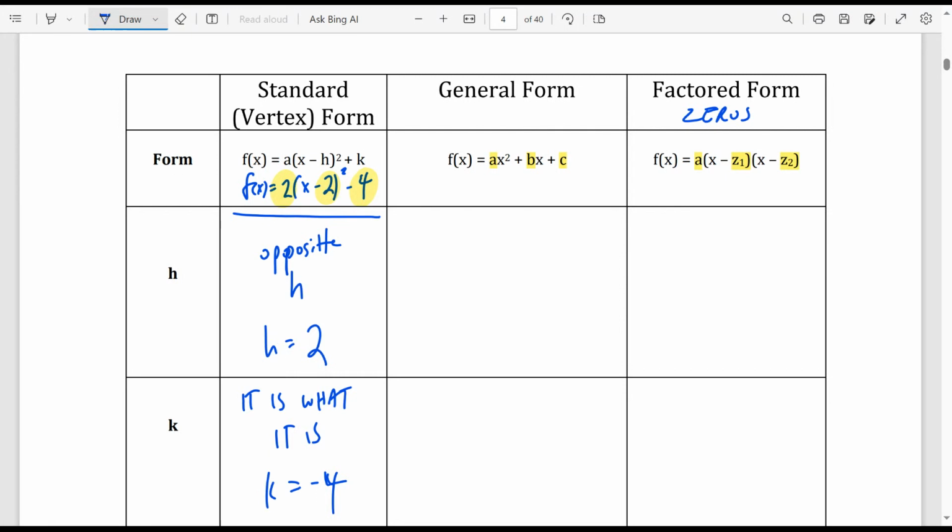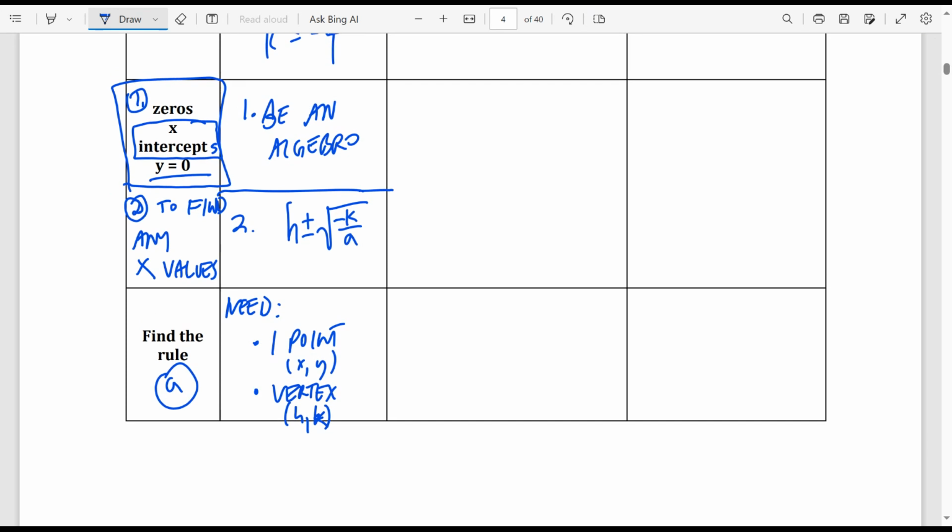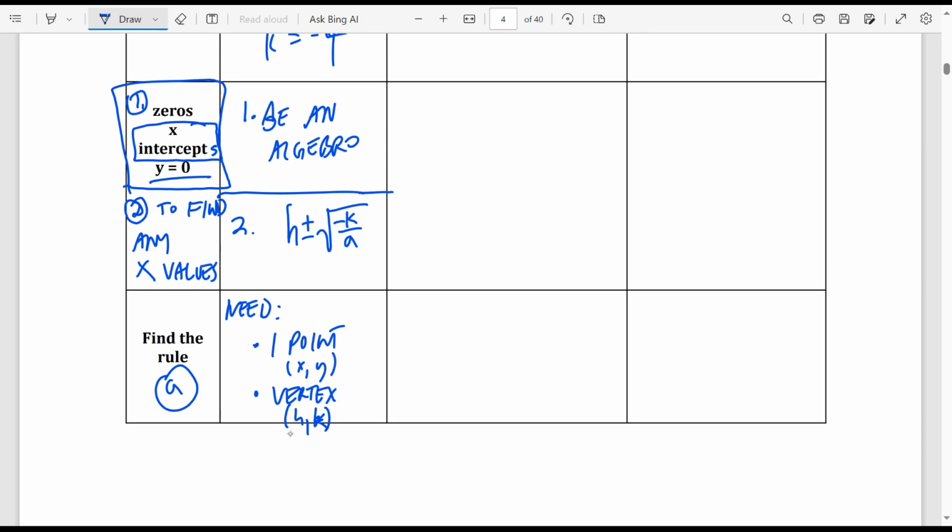Again, what I'm trying to highlight here is that if I was given a question and the rule I was given was in general form, and I decoded this word problem to identify what I missed, h and k, all right.